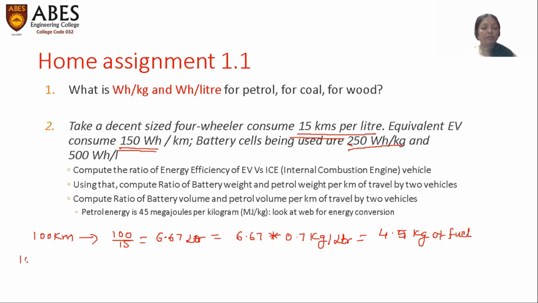For 100 kilometers, how many watt hours would be required? 150 into 100, because for running the vehicle for 1 kilometer we require 150 watt hours. So it requires 150 into 100, that is 15000 watt hours, or we can write it as 15 kWh, 15 units of electricity.